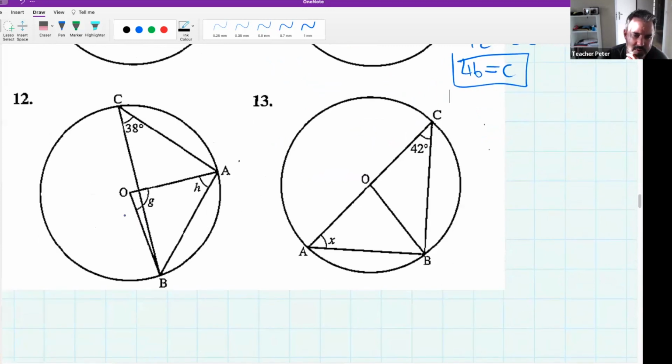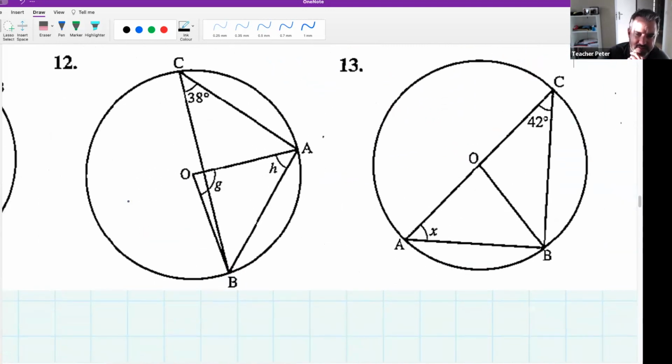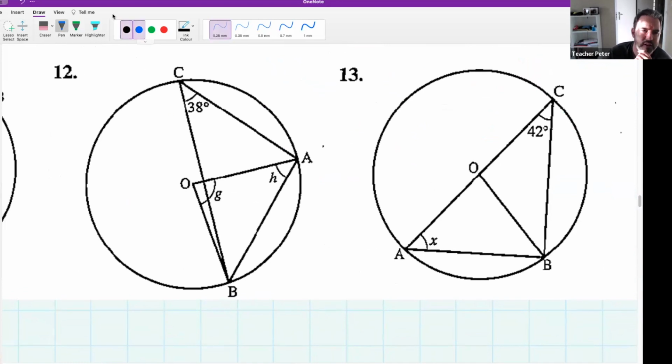Let's do number 12. Can you find me the value of G? And then after you've done that, can you find me the value of H? Go ahead and do that now.